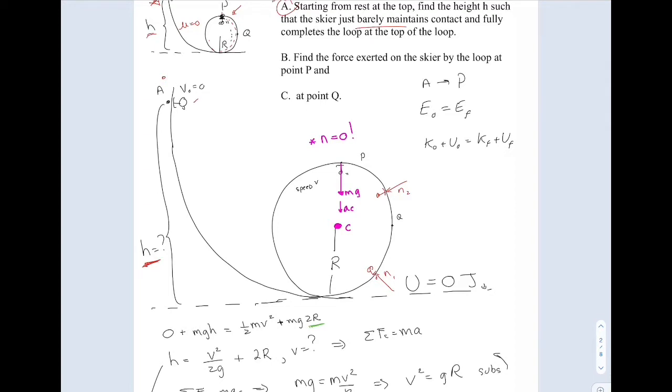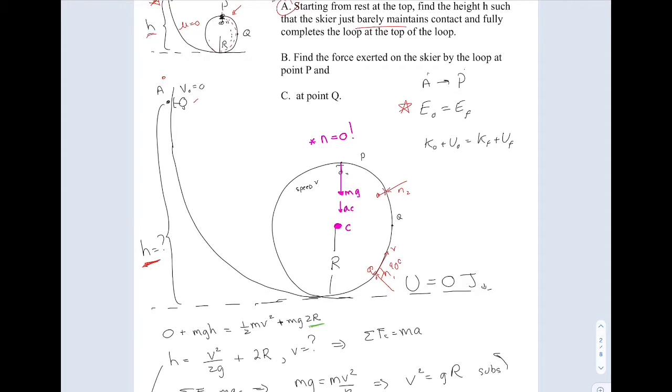But even though the normal force is a non-conservative force, it's always perpendicular to the direction that the person's headed at that instant. So the normal force does no work. So yes, there is a non-conservative force that acts on the skier, but it does no work because it's perpendicular to the direction it's going. Remember, definition of work has that cosine. And if it's 90 degrees between the direction it's going and the normal force, cosine of 90 degrees is 0. So energy is conserved.